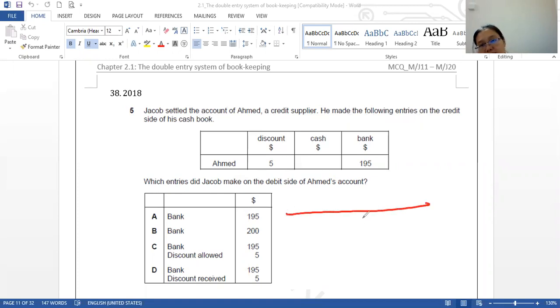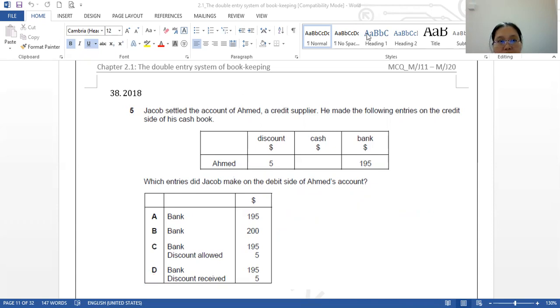For the Amit account, you will put bank 195, and then write discount received 5. So your answer for the debit side of Jacob will be the one shown.